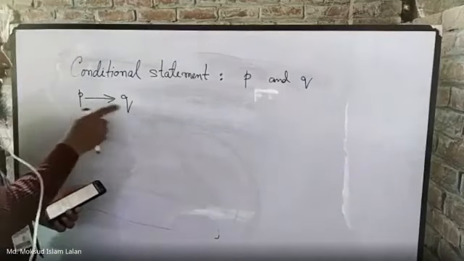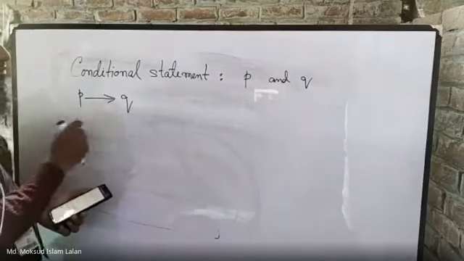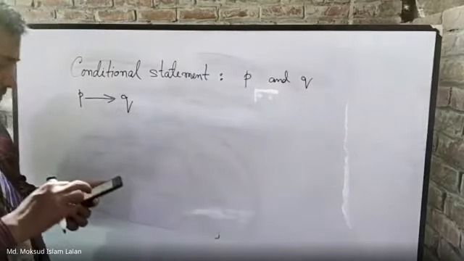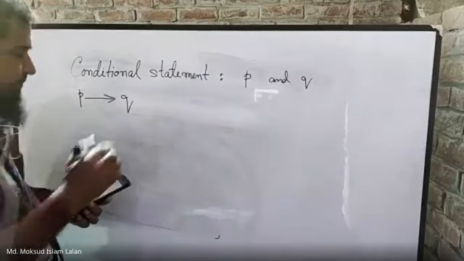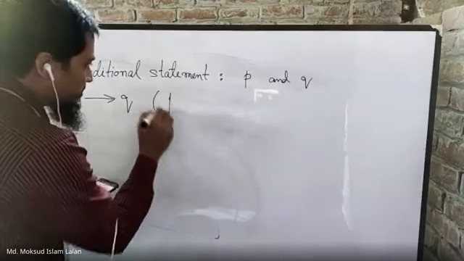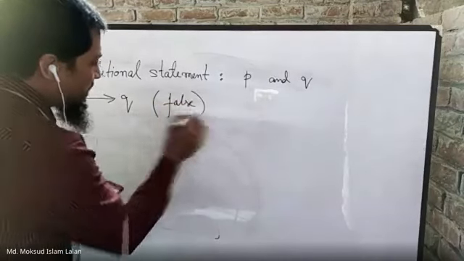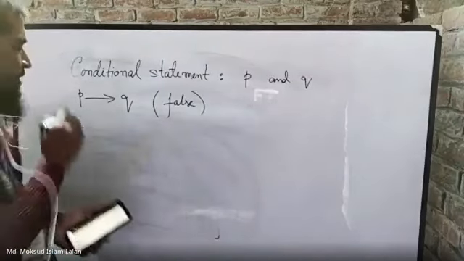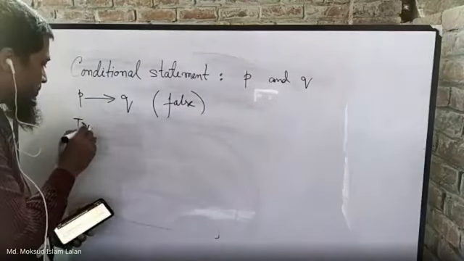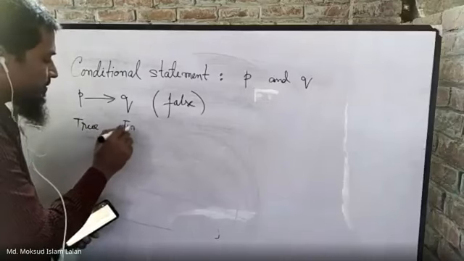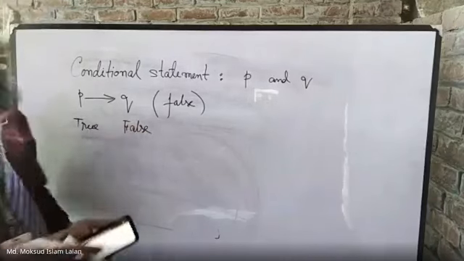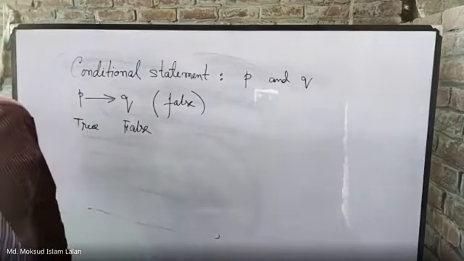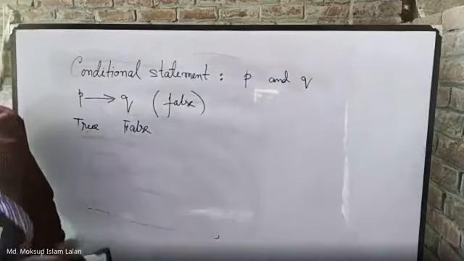So P conditional Q is false when P is true and Q is false, otherwise true. Do you understand or not? Sir, please say it again.